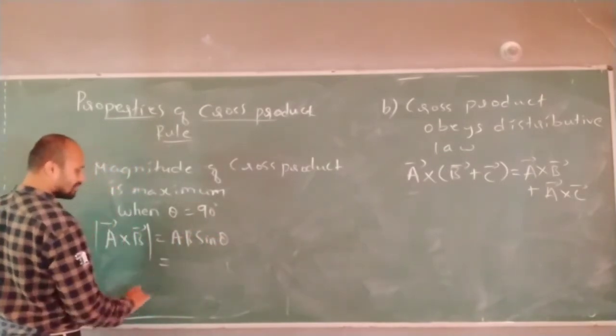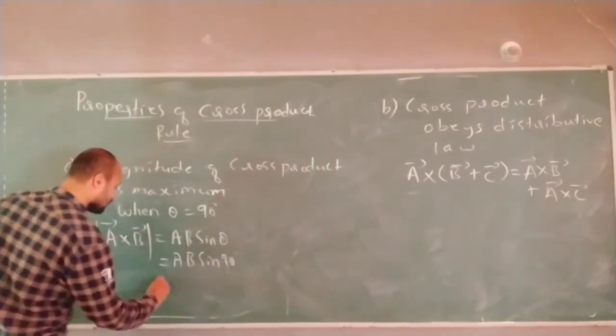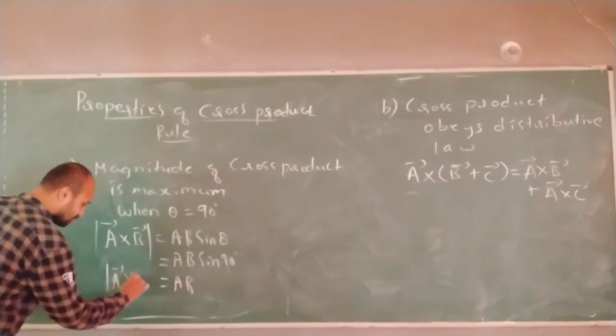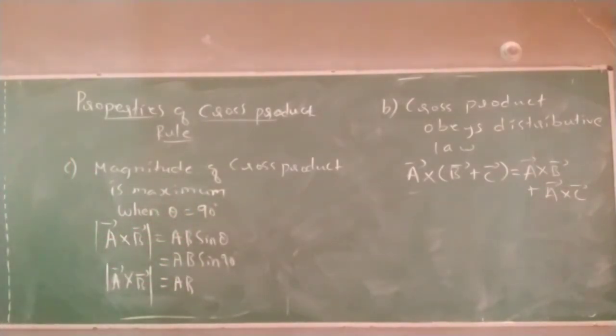So theta equal to 90 degrees means AB sin 90, which becomes just A into B. So the maximum value of the magnitude of A cross B is the product of those two vectors, A into B, if theta is 90 degrees.